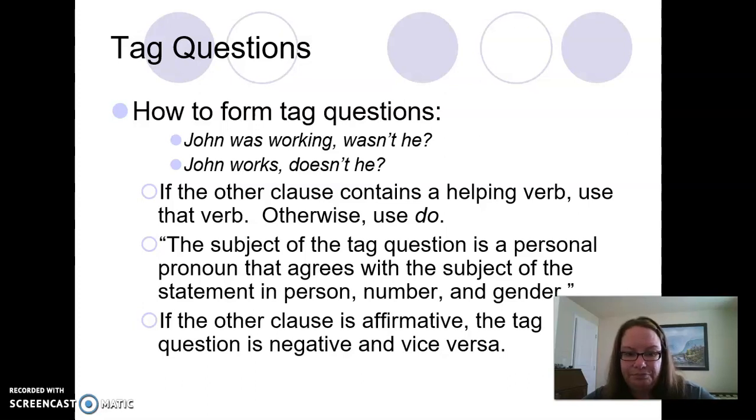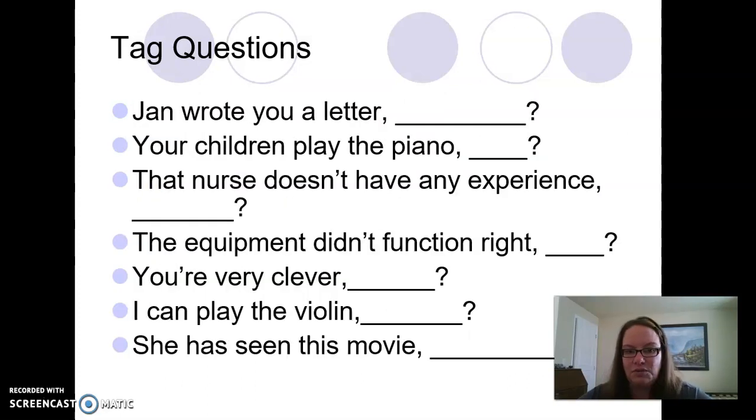Okay. In the second one, we don't have a helper verb, so we're going to use do support, but we still do the opposite in negativity, and we use he to agree with John. Okay. So the third point here is that if the other clause is affirmative, the tag is negative, and vice versa. So if the first clause is negative, then the tag must be positive. Okay, so we're going to do a little practice.